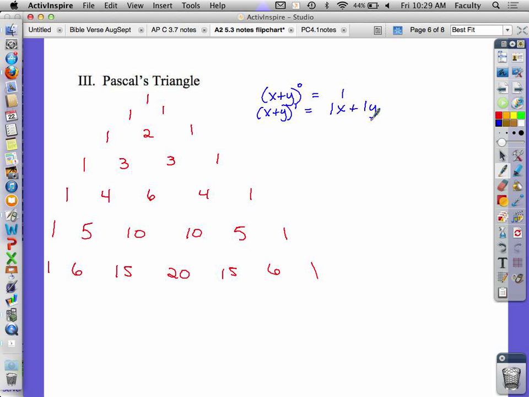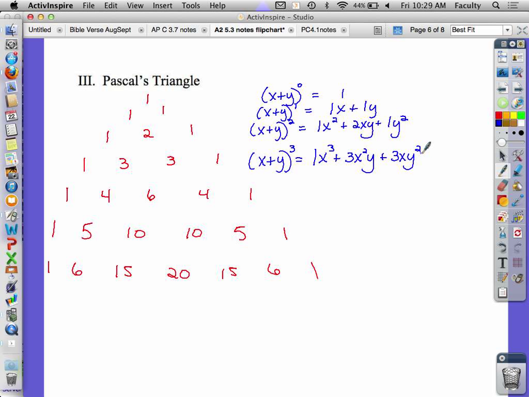Oh my goodness, watch this. All right, Elena's light bulbs are flashing. Here we go. Watch. This is 1x squared plus 2xy plus 1y squared. Watch this. This is 1x cubed plus 3x squared y plus 3xy squared plus 1y cubed.